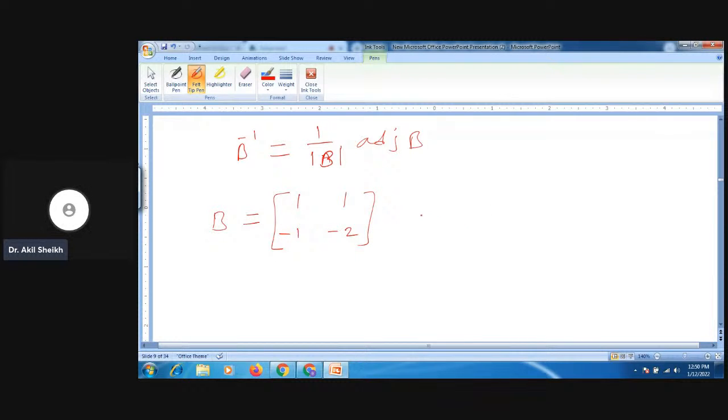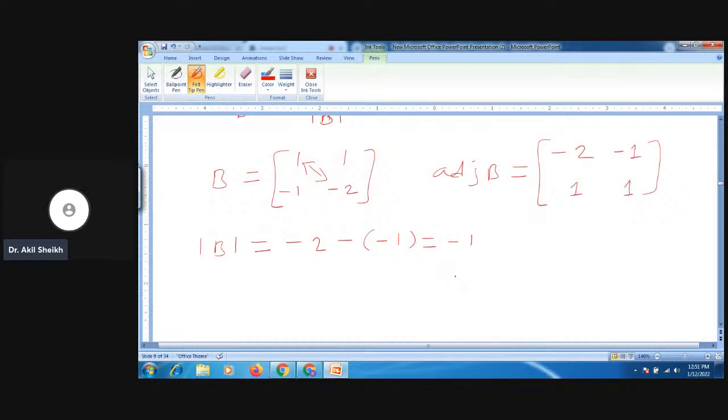Then its adjoint: to find the adjoint, we interchange the principal diagonal elements, which become minus 2 and 1, and multiply the remaining elements by minus 1, which become 1 and minus 1. This is the adjoint of B. Now the determinant of B is minus 2 into 1, minus of minus 1 times minus 1, which is minus 2 minus 1... it becomes minus 1.